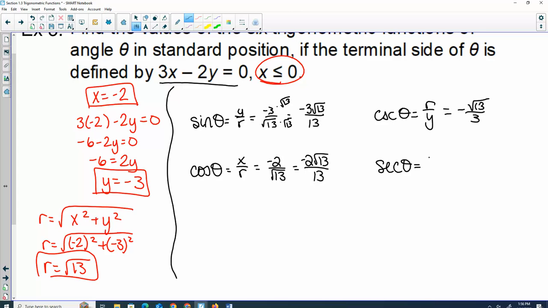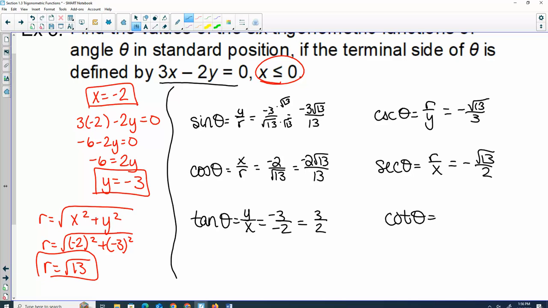So secant is r over x. So negative radical 13 over 2. Tangent, y divided by x. So negative 3 over negative 2 would give me a positive 3/2. Cotangent theta, x over y, is positive 2/3.